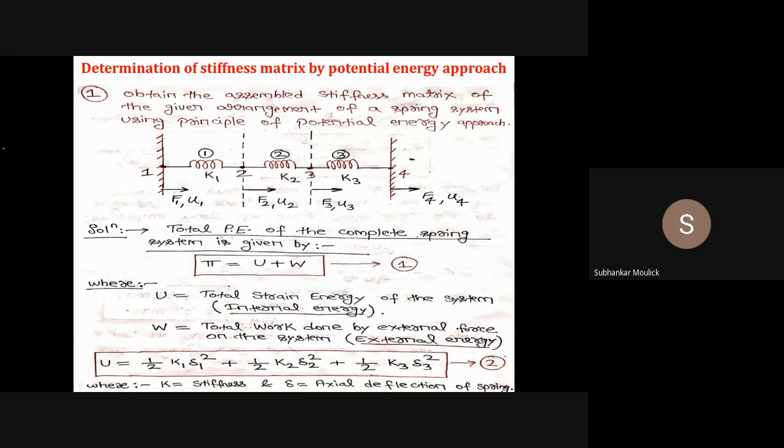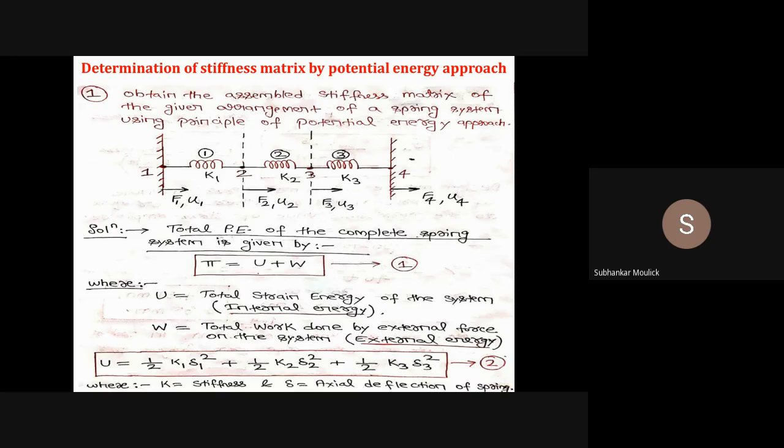Okay, so in order to find out the potential for this problem, I need to evaluate the value of strain energy stored in the entire problem plus the external work done in this entire problem. So let us find out the strain energy stored in the problem.